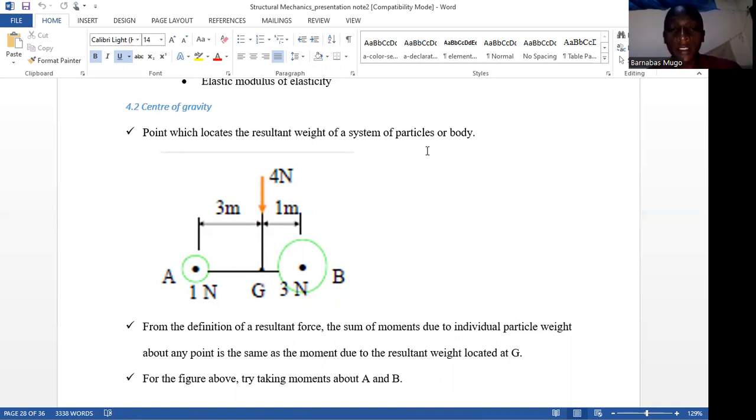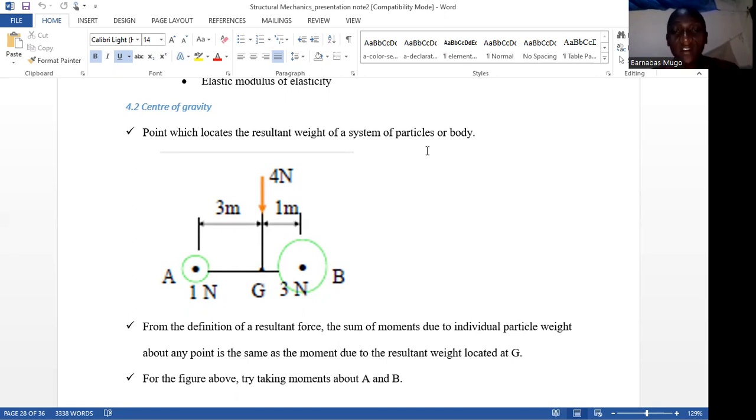So the resultant force, the sum of the moment of each particle at different locations, they seem to be converging at the point G, which is the resultant location, or the center of gravity.